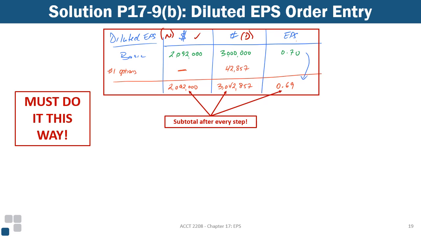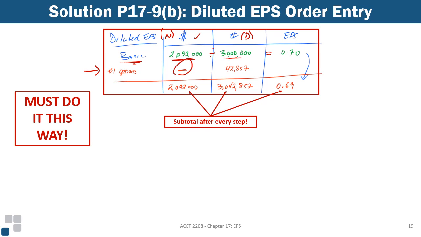And then a calculated EPS. We also always start with a first line that is a restatement of the basic EPS. So we know from our very first step, basic EPS is $2,092,000 divided by 3 million shares, which is an EPS of 70 cents. Now I insert my first ranked item, the options.